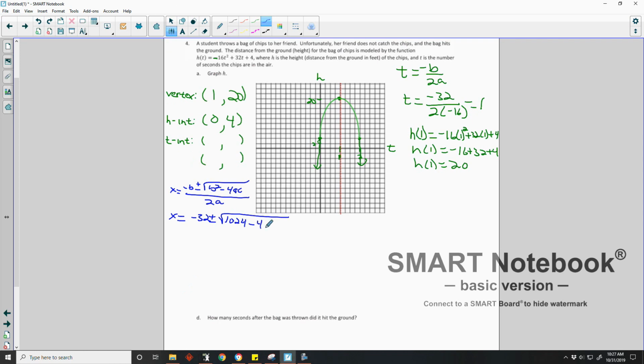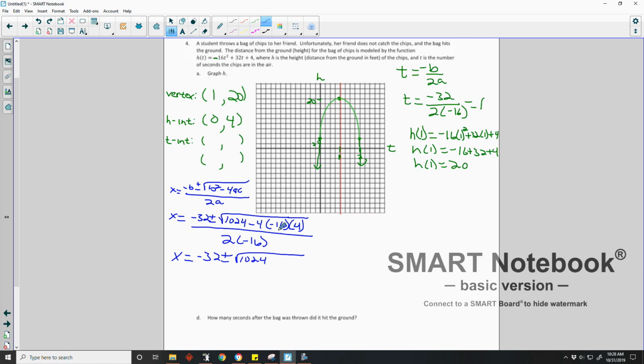Minus 4 times a, which is negative 16, times c, which is 4, all over 2 times my a, which was negative 16. Okay, simplify this. Negative 32 plus or minus the square root of 1024.